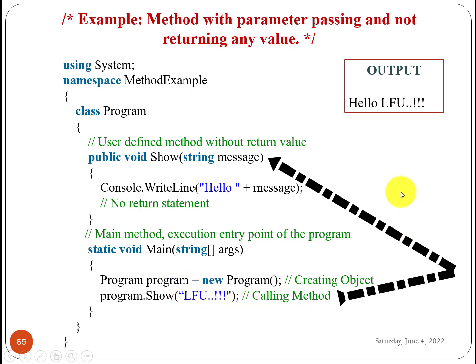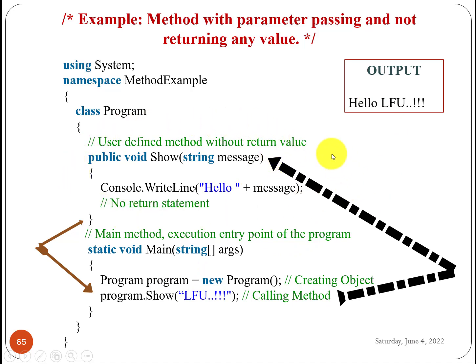We receive the message LFU. Inside, we write a value to the display screen using the message variable: hello, space, concatenation operator, and the string value LFU. We see the result, hello LFU. After that our control goes back to the calling part.